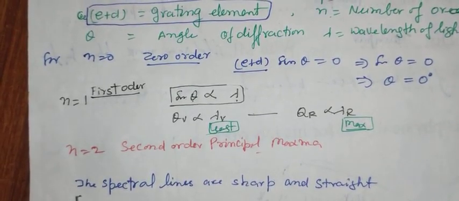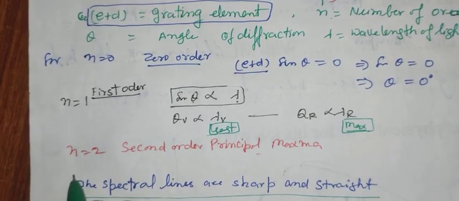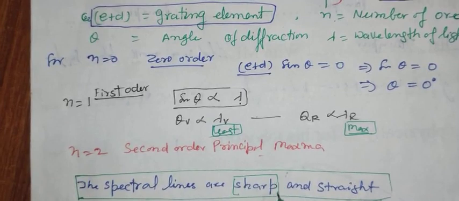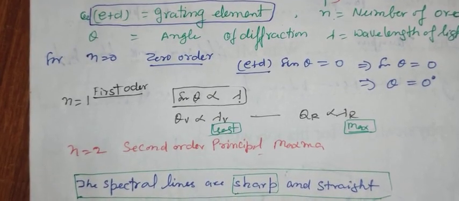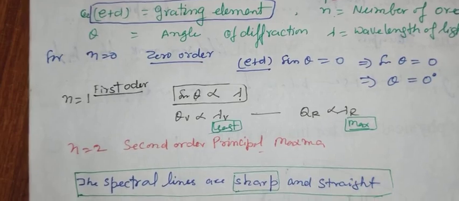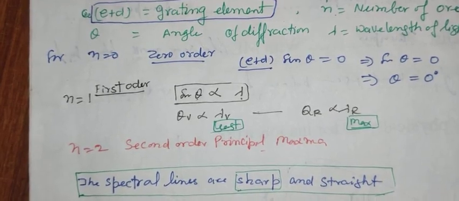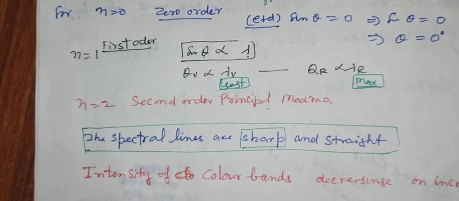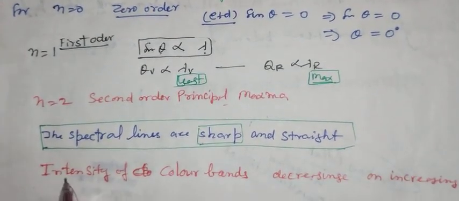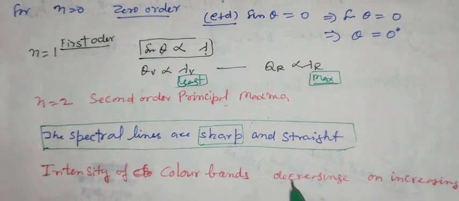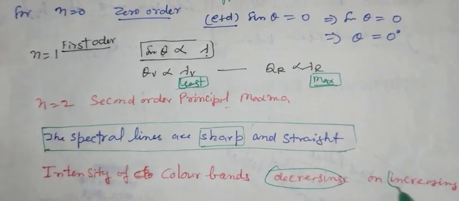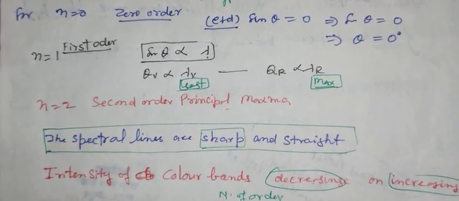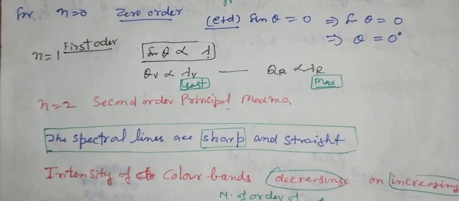Now see one more point. The spectral lines are very sharp and straight. This is very important. The intensity of the spectrum is less than the intensity of prism spectra. The last point is that the intensity of the color bands obtained on the spectrum pattern on the screen decreases on increasing the order of the spectrum.